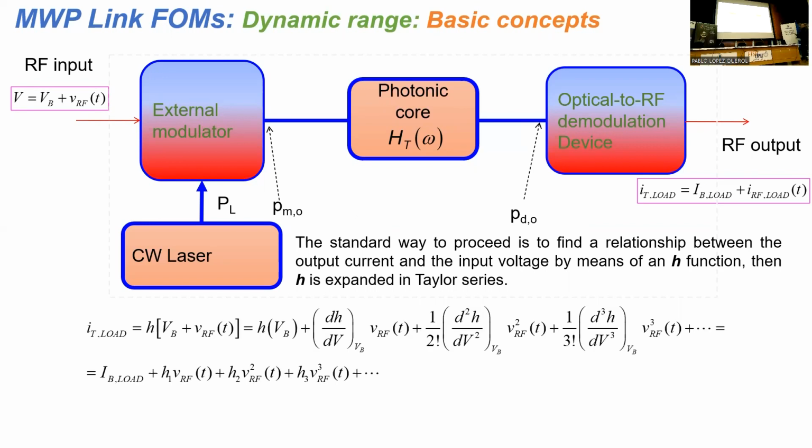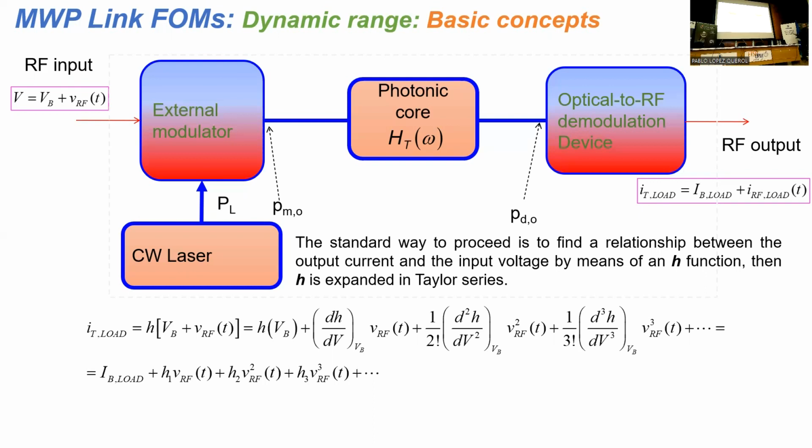You are basically assuming that this H function takes your input voltage and transforms that into your output current. And of course, you are always free to do this Taylor expansion.